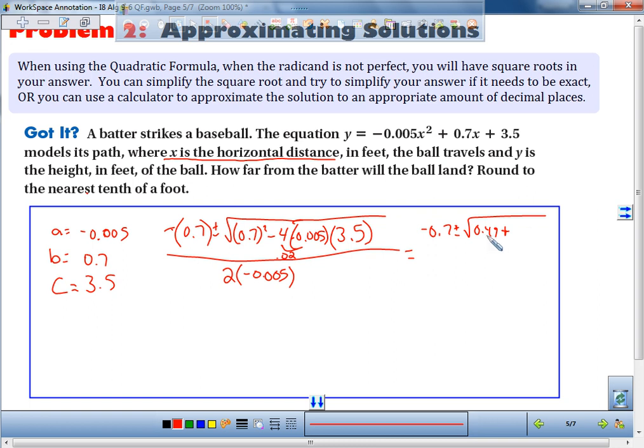So we have 0.49 plus 0.07, divided by 2 times negative 0.005, which is going to be negative 0.01.